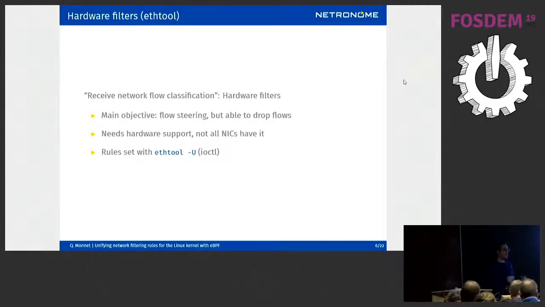It's more simple maybe than Netfilter or TC, because NICs just have basic facilities at this level usually to search for a given pattern at a fixed offset and see if your packet matches or not, and drop it or dispatch it to a queue. There are several things that we can do.